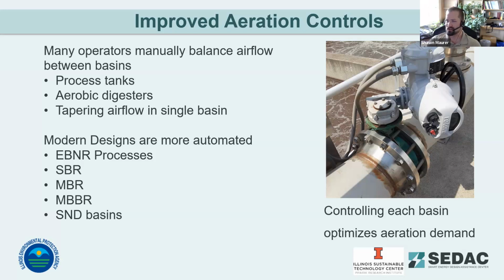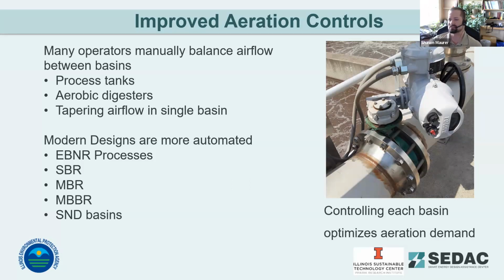What's shown on screen here is an automated aeration valve, where each zone of the basin, each individual basin, has a modulating automated valve that can balance the airflow requirements for that space. A lot more of our modern designs are including this automation as part of that process.